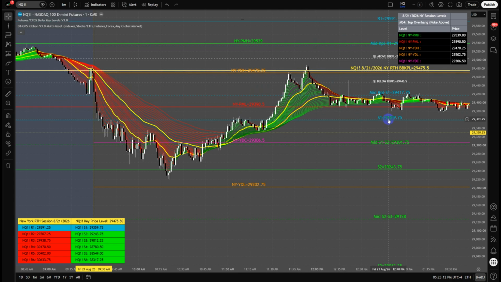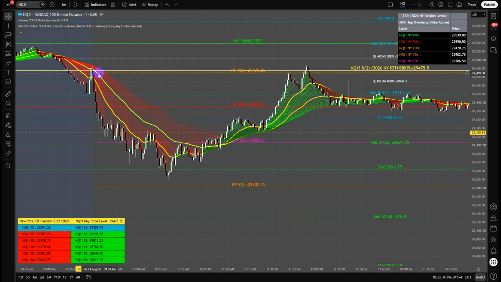So say on this candle here, you're looking at 29,365.25. We get a move back up to 29,475.50. That's roughly another 110 points or so, so roughly another $2,200 on this bullish move back up.